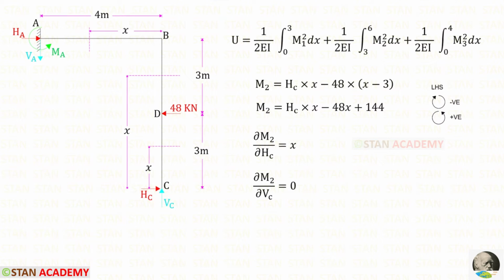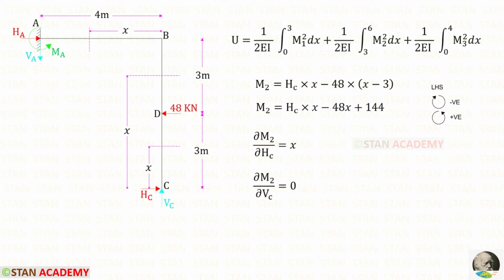Now let us find M2. Up to this section we have HC, VC and the load 48. For VC there is no perpendicular distance, so we should not consider this. HC is acting in the anti-clockwise direction, so that it will be positive and the distance is x. So HC into x. This load is acting in the clockwise direction, so that it will be negative. For this load we have to take this distance. This distance is x minus 3.